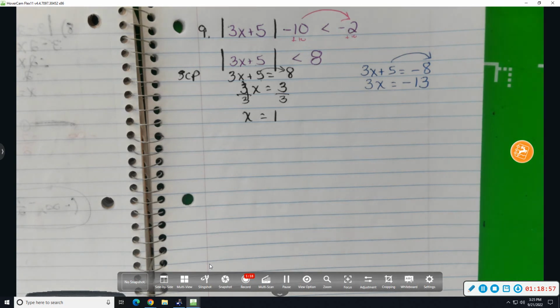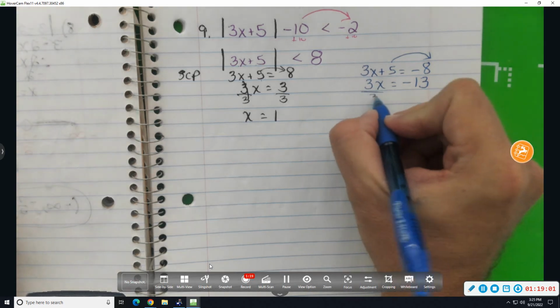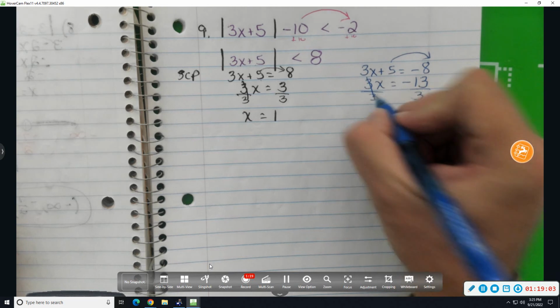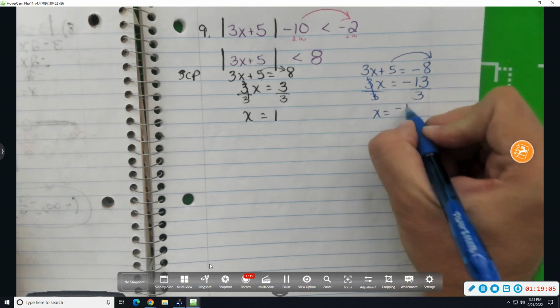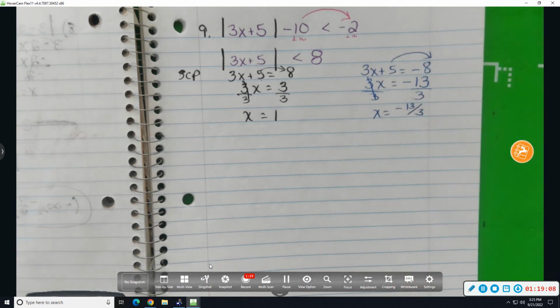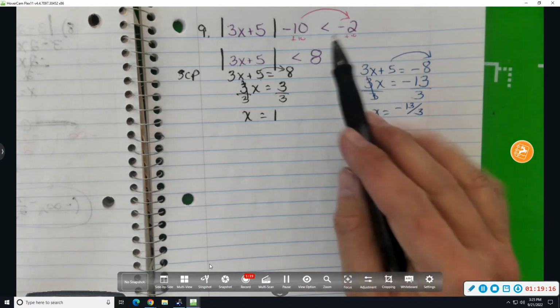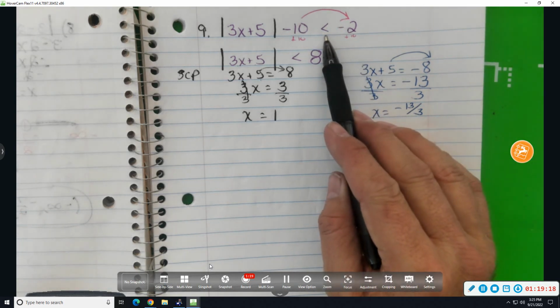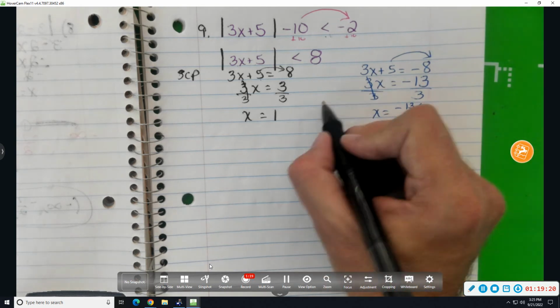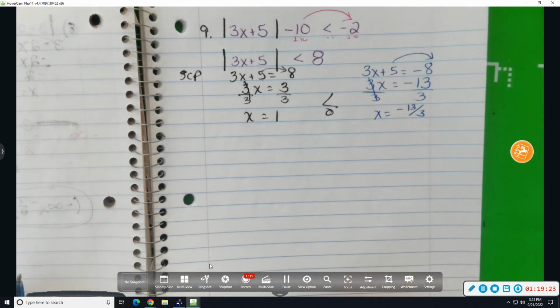So subtract the 5, and then, so is that a negative? We'll just write it 13 over 3. Oh, and I almost forgot to decide between open and closed circles. What should we use? Open, because there's not an equal sign, so it's going to be an open circle.